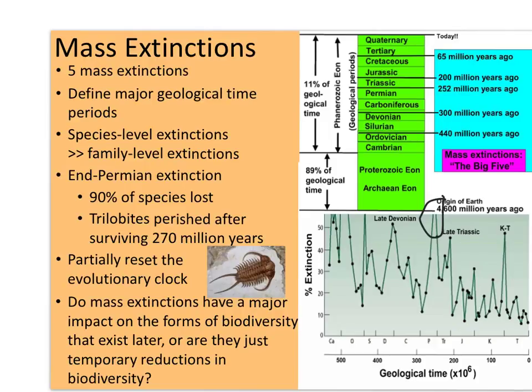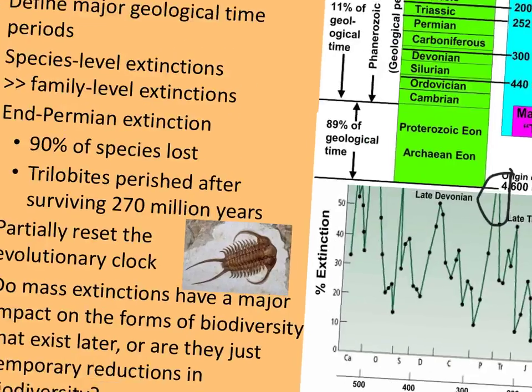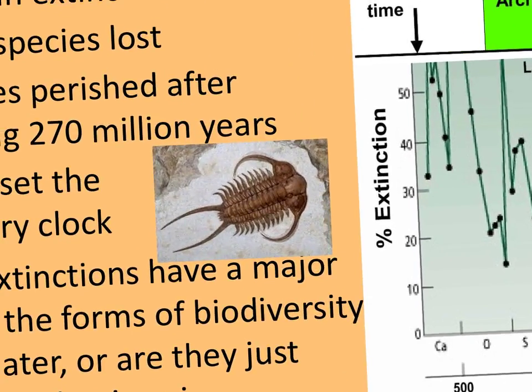Mass extinctions, you often think, well, species that survive mass extinctions are perhaps better. They have traits. But generally, no, it's luck of the draw. So for example, this is what's called a trilobite. Trilobites were a major arthropod taxon.